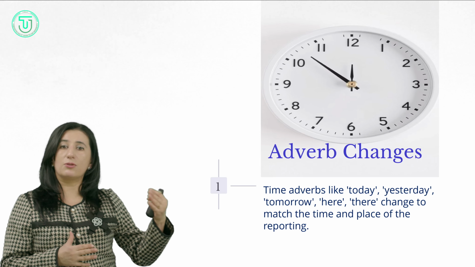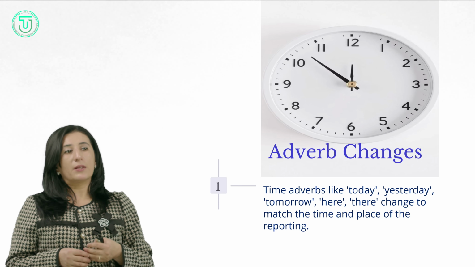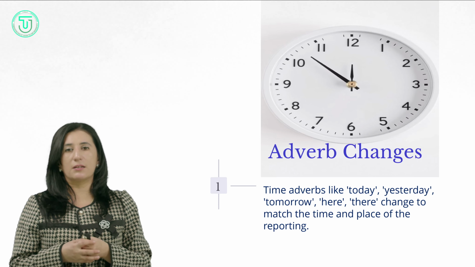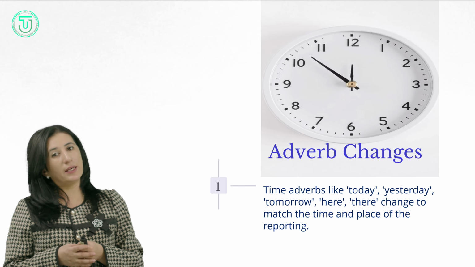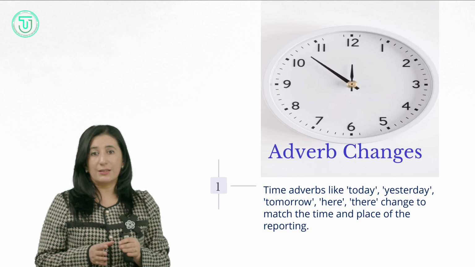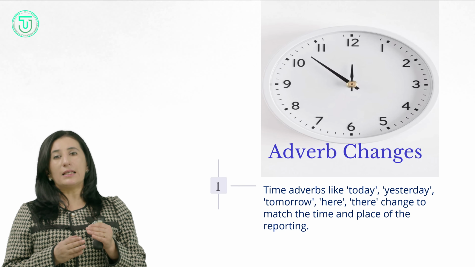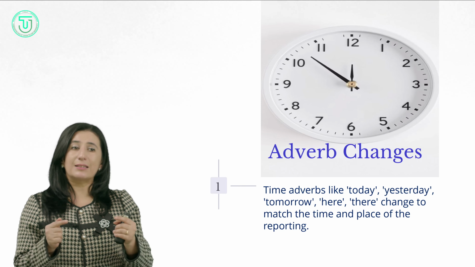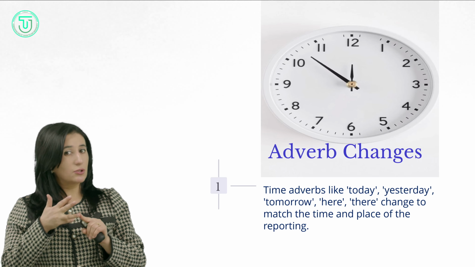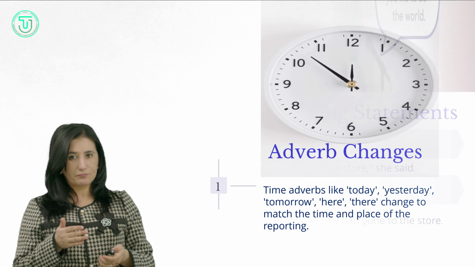Today will change into yesterday, or the day before. Place indications like here or there, and over there, will change to the exact place name. Reported speech, of course, takes into consideration the sequence of meaning, tense, pronouns, time modifiers, and place modifiers.